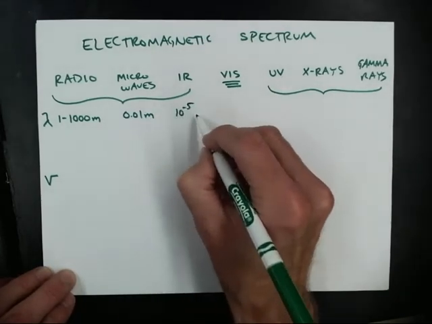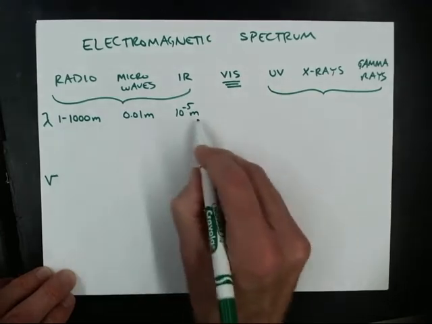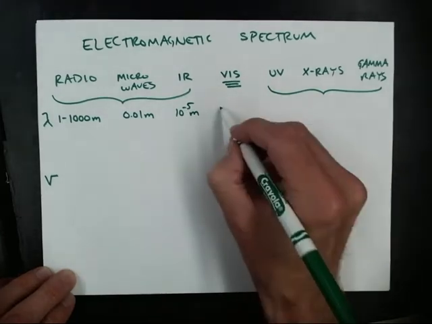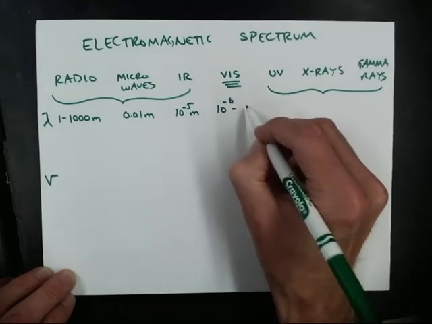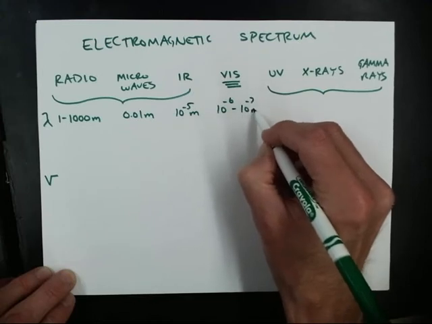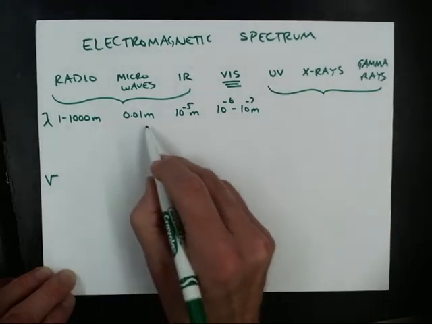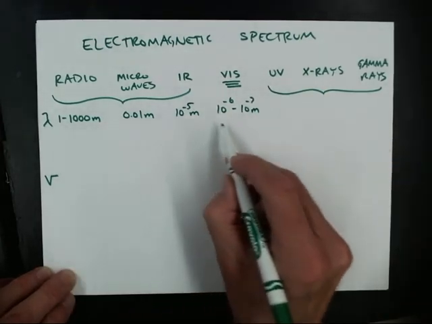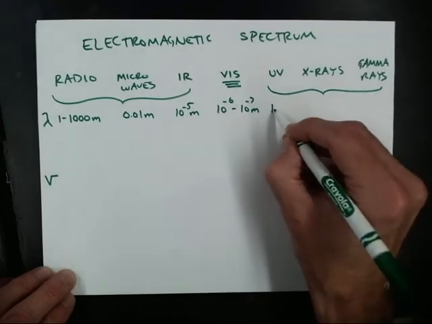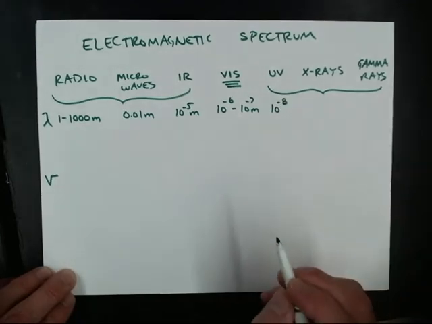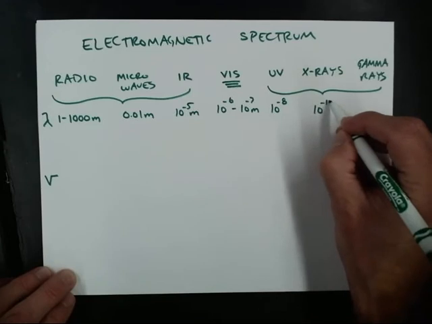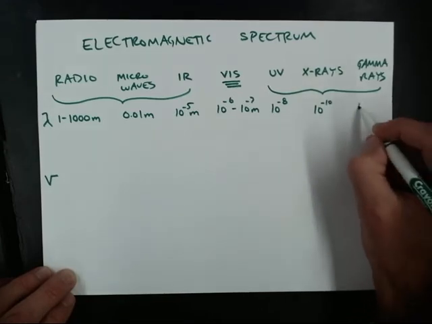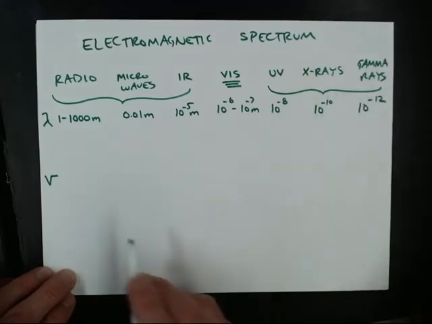Infrared light is 10 to the negative 5th or so meters. These are all estimates based on powers of 10. Visible light is 10 to the negative 6 to 10 to the negative 7 meters. You can see as we're going this way through the spectrum, the wavelength is going down. UV light, 10 to the negative 8 meter. X-rays, 10 to the negative 10 meter. And gamma rays, 10 to the negative 12th meter.